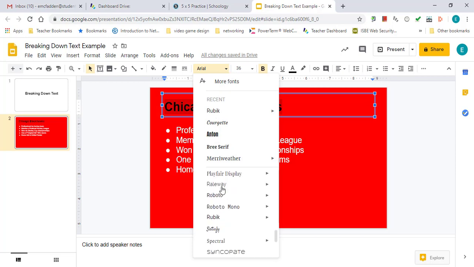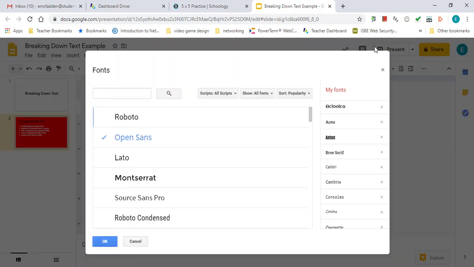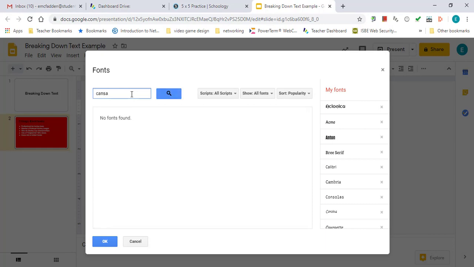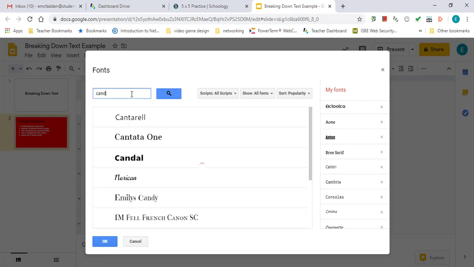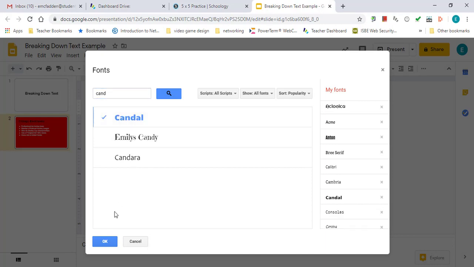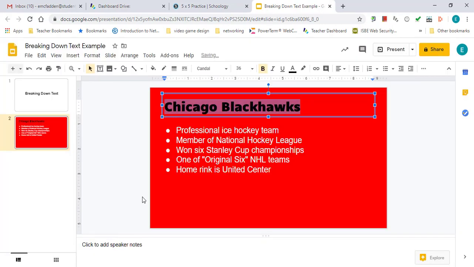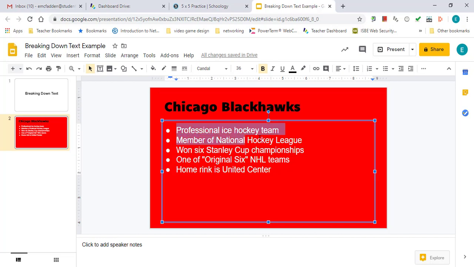And let's see, I like one called Candle. I don't see Candle right here. There we go. Perfect. And I'm going to come down here and we'll see if there are any other fonts.